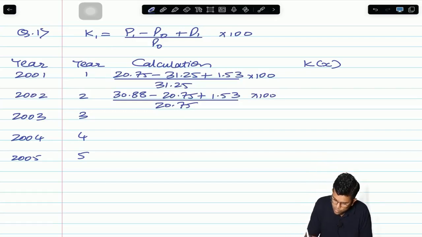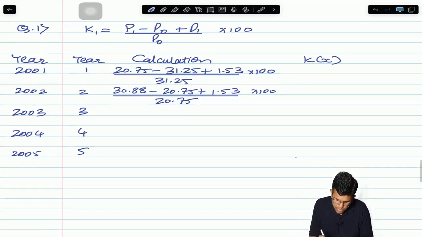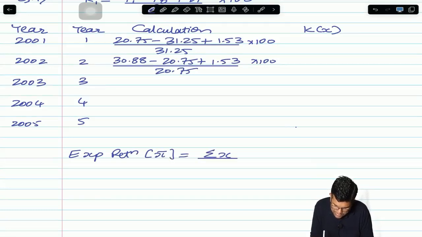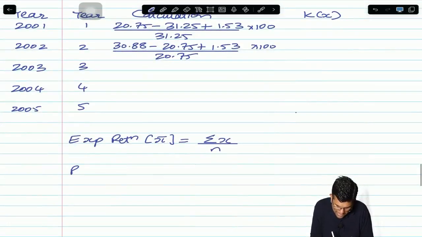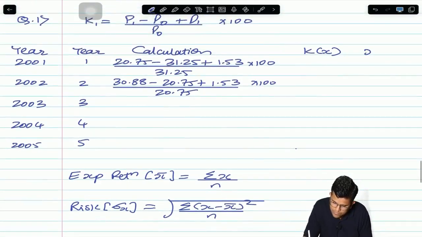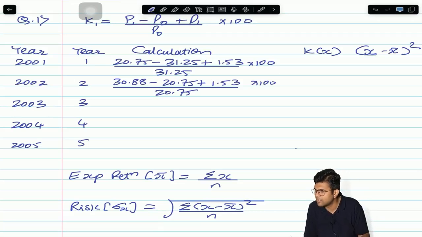But once you do this, you have to get me 2 items more. Expected return, that is X bar, that is summation X by N, and risk, that is sigma, that is the square root of summation X minus X bar the whole square divided by N, which is why you will require one more column here, that is X minus X bar the whole square.